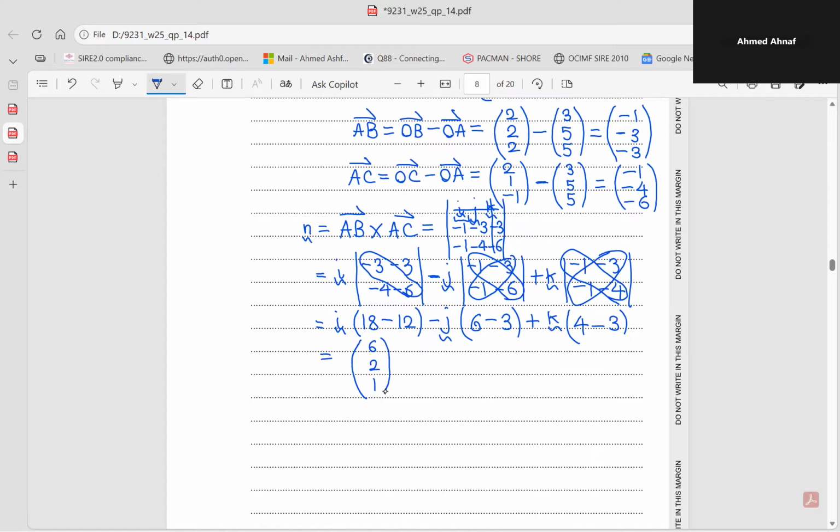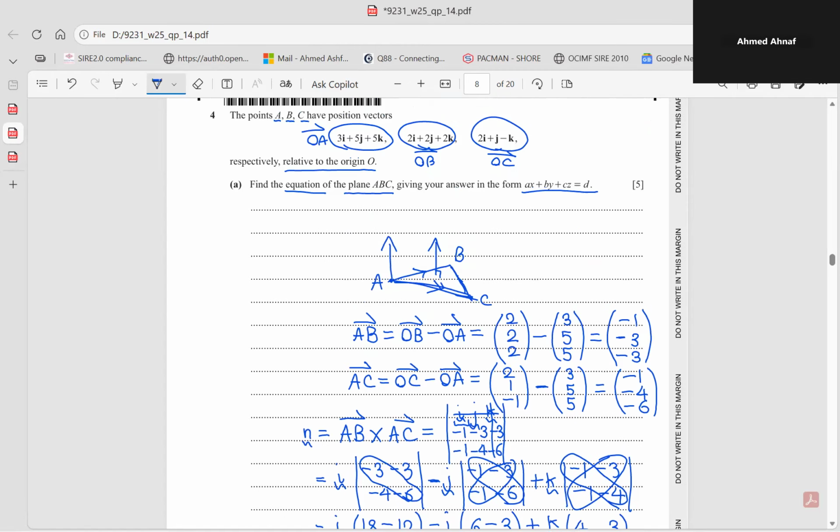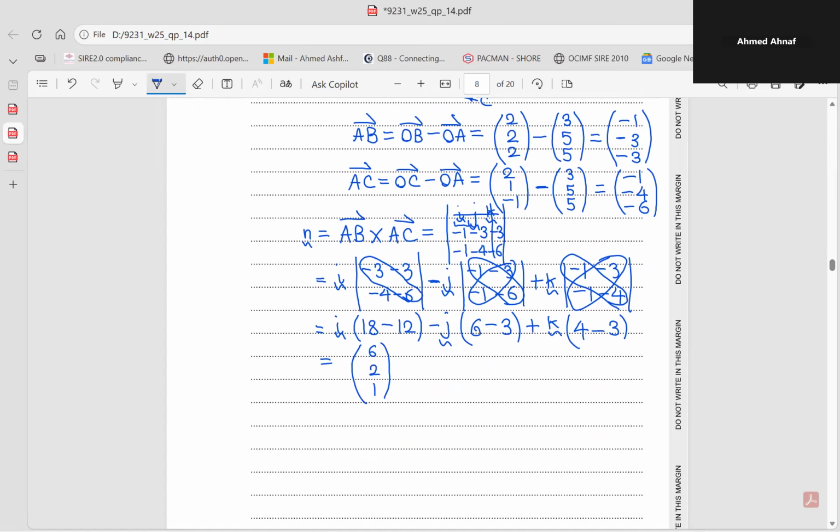So this is the normal vector, and I don't think we can simplify it because there's no common factor between the components, so we can leave it as that. Our left side of the equation is settled. The coefficients A, B, C are just the x, y, and z components of the normal vector.